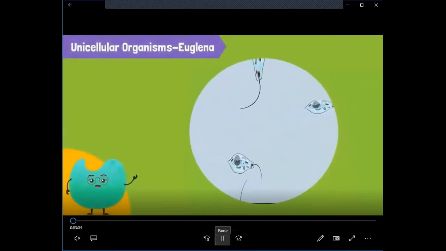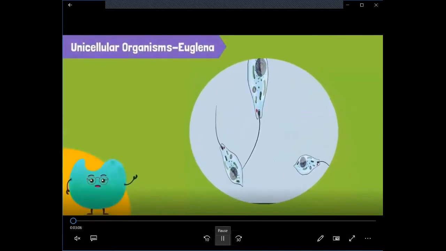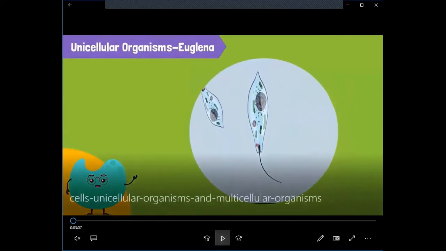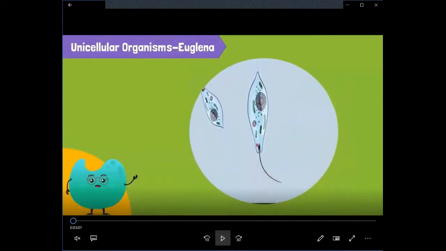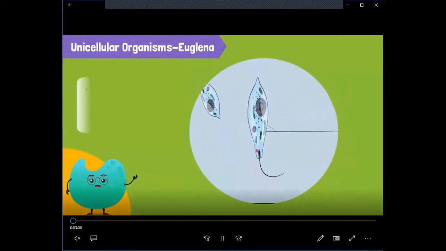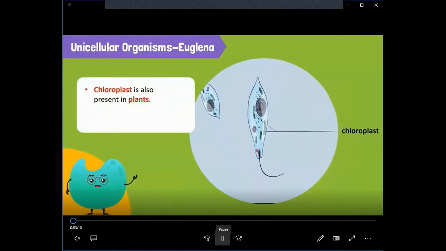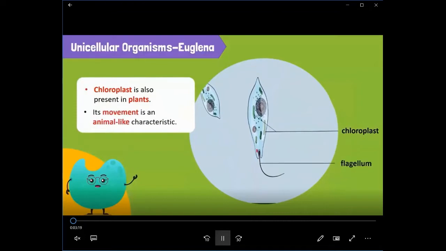Let's take a closer look about euglena. Euglena has both the characteristics of plants and animals. Chloroplast is present in plants, which euglena has. Animal-like characteristic because it moves.